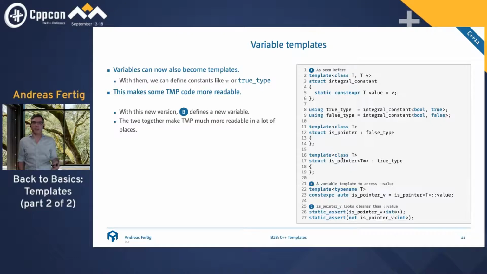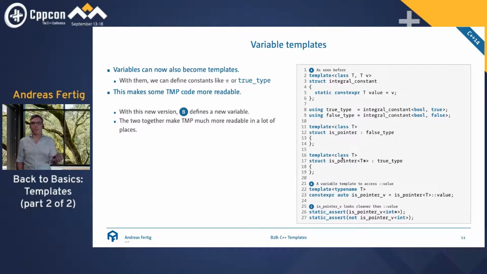So variable templates can help us in a way that now in line 21, I'm defining such a variable template. It starts once again with template and then in angle brackets typename T, so it takes a type parameter. This thing is constexpr, the variable is of type auto, and I name it is_pointer_v. This is the convention to end it with _v if it points to a value. And then I say equals is_pointer<T>::value.